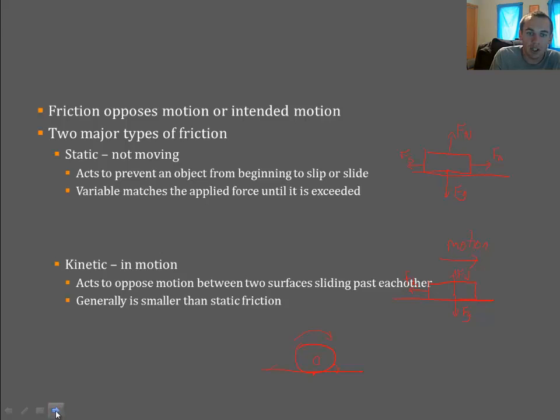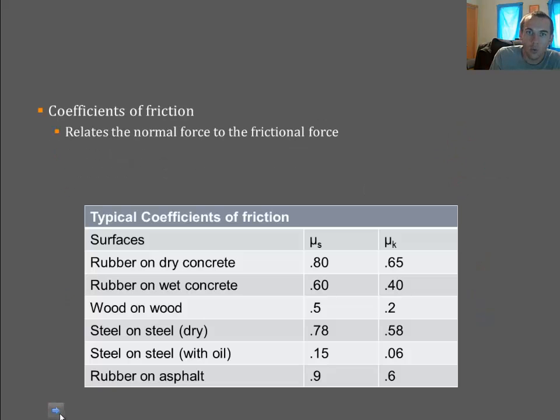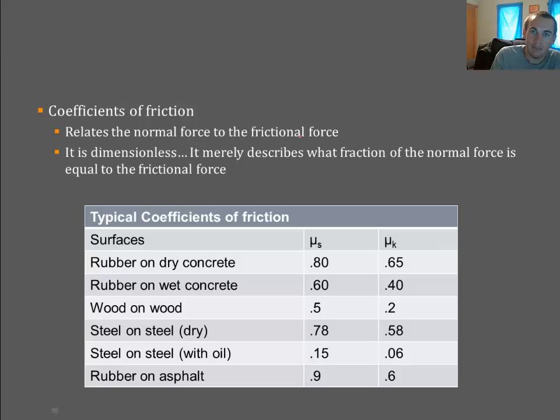Now, next up, we're going to talk about the coefficient of friction. How big is this frictional force? Well, if we think about it, the normal force is actually the force that's responsible for creating friction, because the normal force is from the surface pushing up into the object. So the normal force is the force between these two surfaces, and it's that force that gives rise to the frictional force.